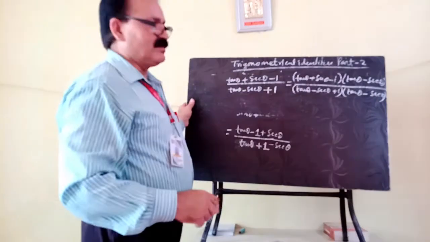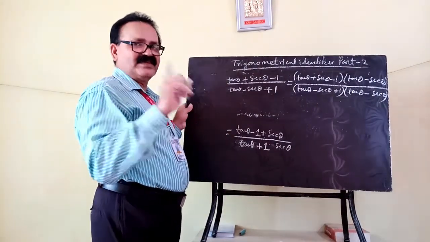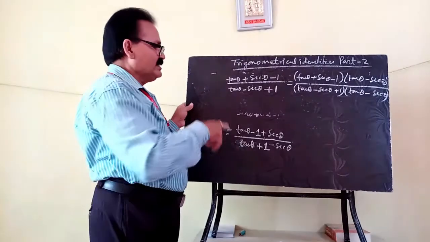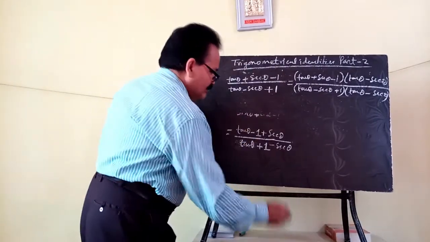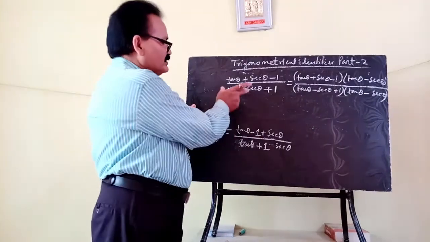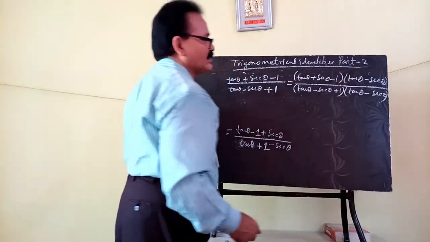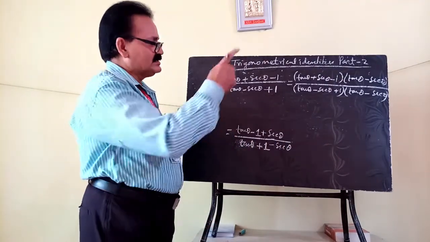These are tricky problems. What I have done up to this step: you divided each term by cos theta, and then the given data is converted into sec and tan. After finding this, you again multiply both numerator and denominator by tan theta minus sec theta.